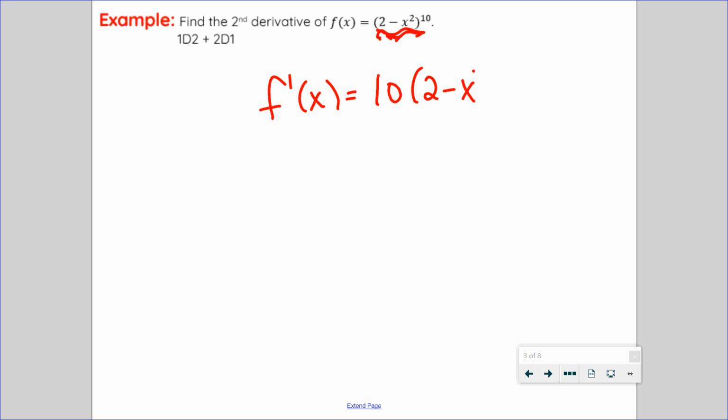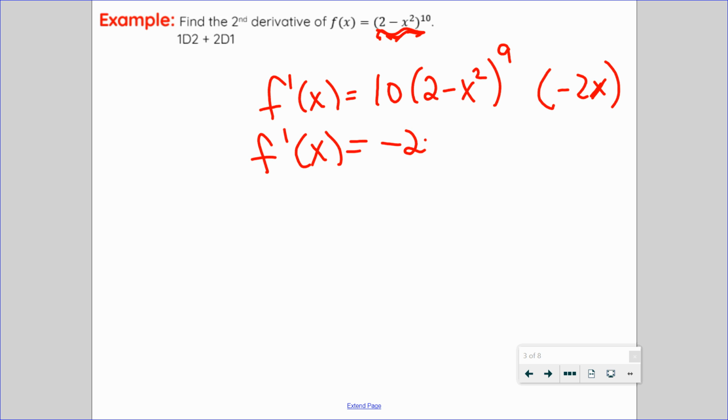Derivative of the outside, keeping the inside the same, multiplied by the derivative of the inside, which is the derivative of negative x squared, which is negative 2x. And then all I have to do is multiply those together. The first derivative is going to be 10 times negative 2x, or negative 20x, times 2 minus x squared to the 9.